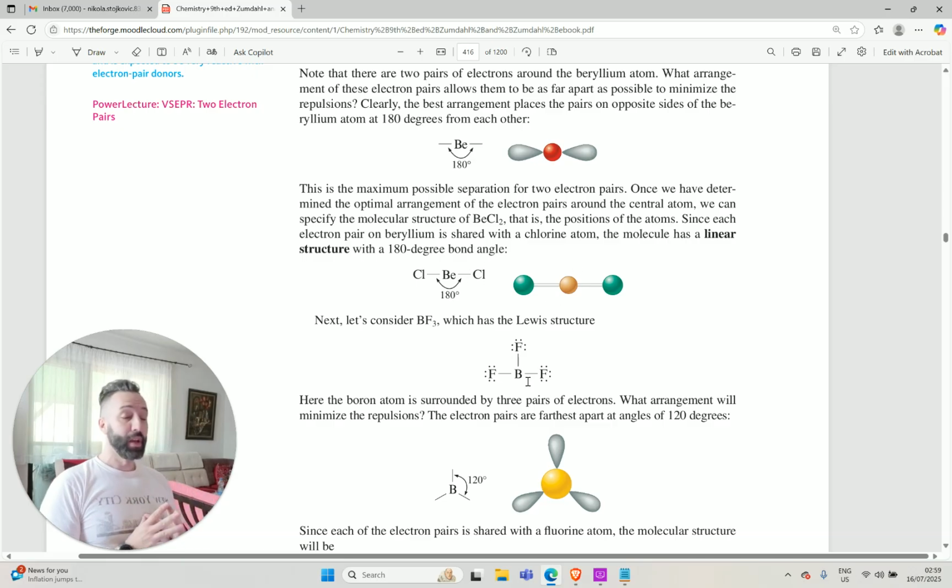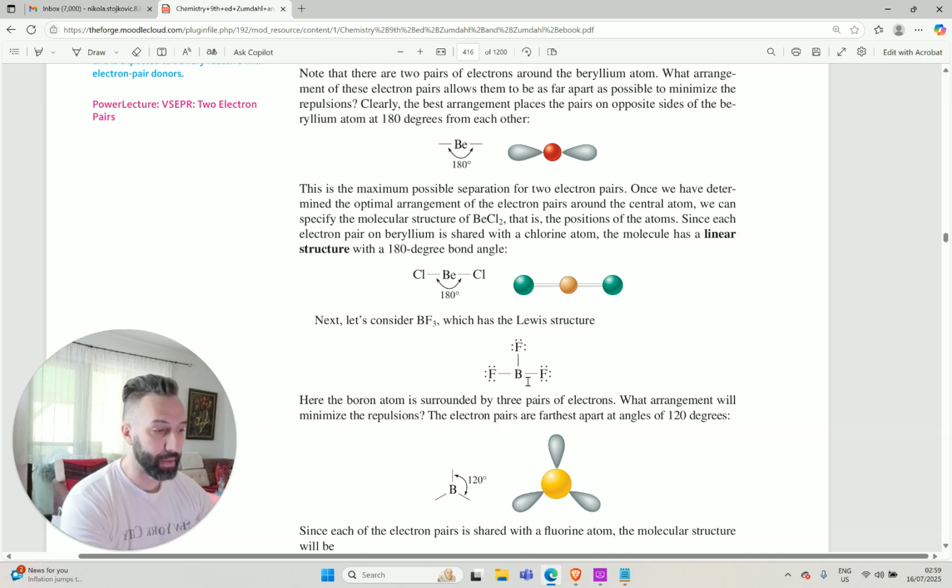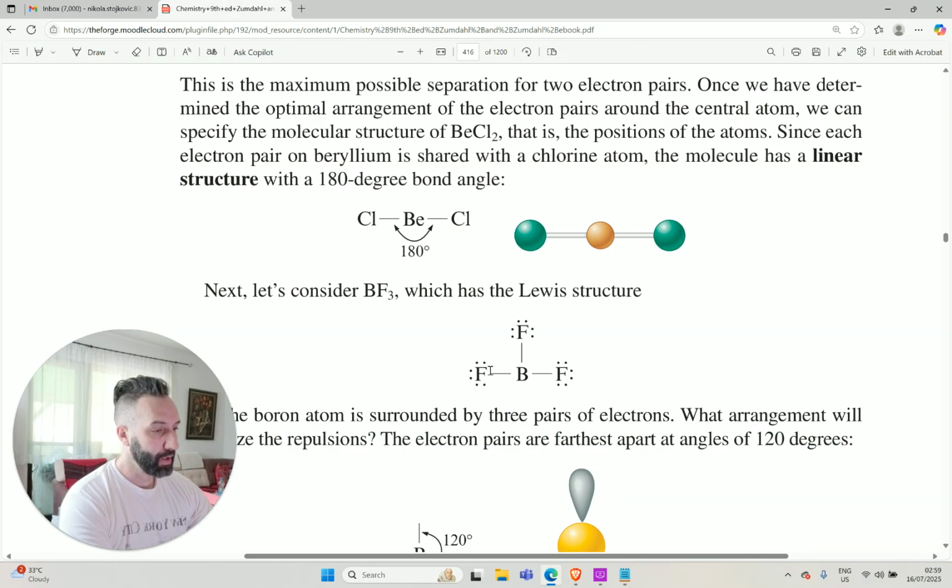Then you have BF3. Again, pay attention to Be and B because they love to give this in AP because they're exceptions. So B can build 3 bonds like this. But of course, look at this. Again, Lewis formulas sometimes can be so misleading. Because if you look at it like this, it will be polar because this fluorine has bigger electronegativity than B and will pull this molecule this way.